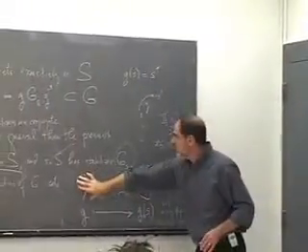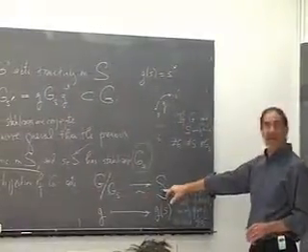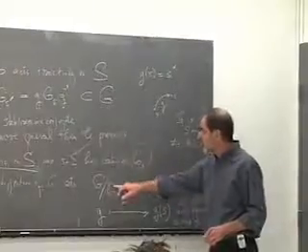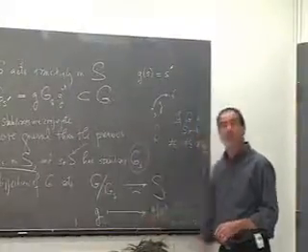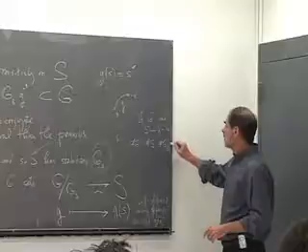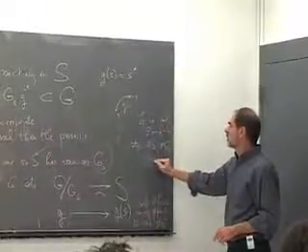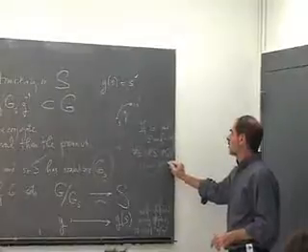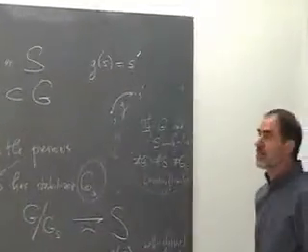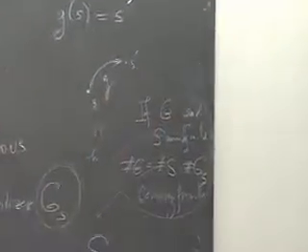Because the number of elements in this set is the same as the elements in S, and we've already proved that for any subgroup, its order times its index is the order of G. So we get a little counting formula.